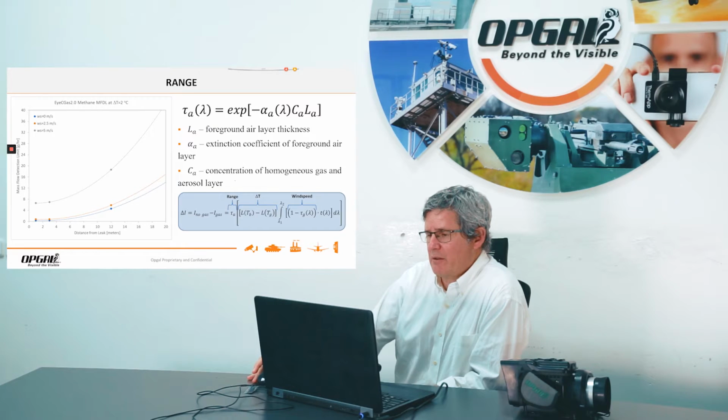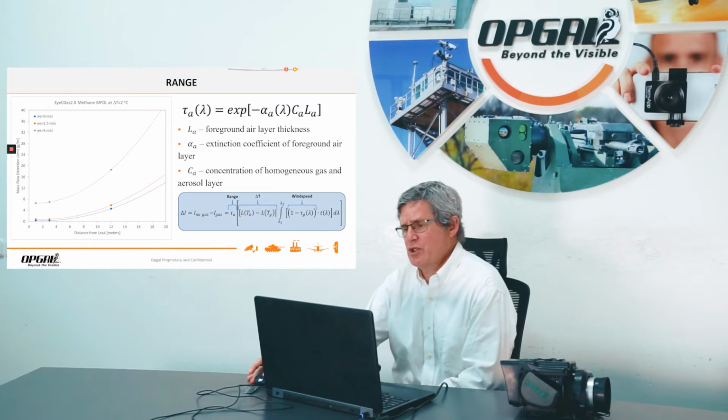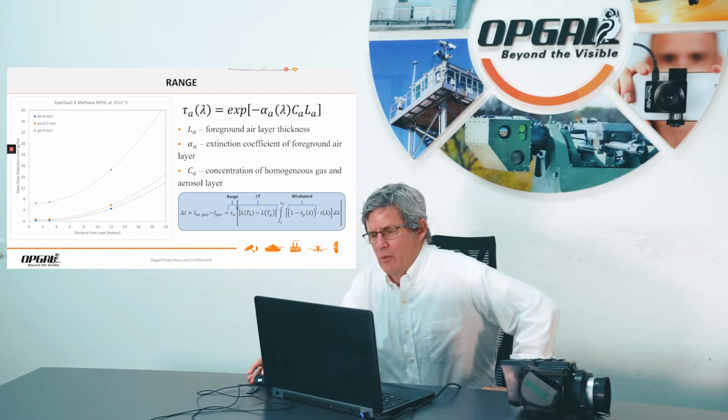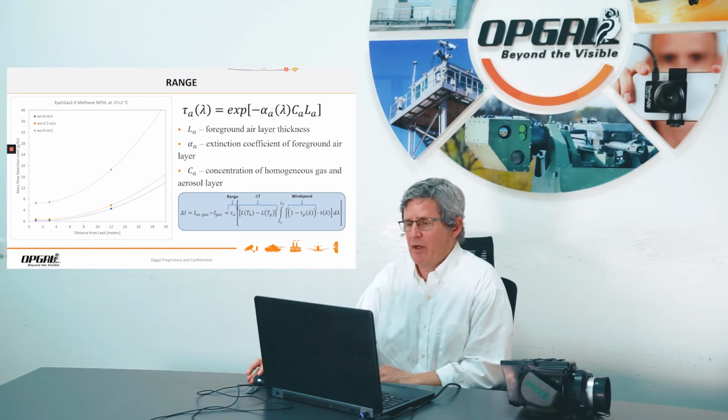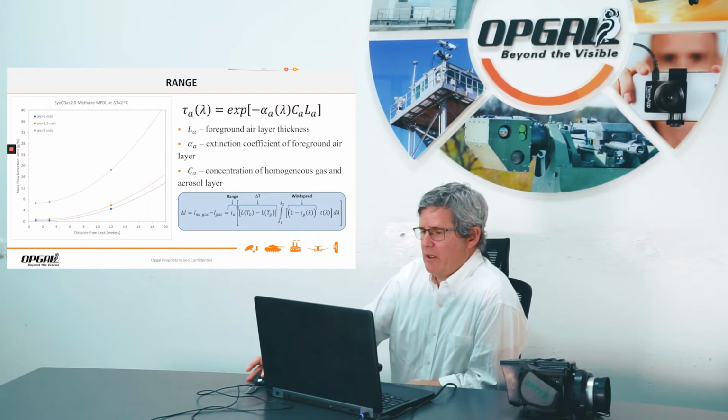But the longer it goes, our sensitivity goes down, and it's affecting the contrast. How does it affect? The extinction coefficient is the attenuation of the radiance with distance because of particulate matter or because of interferent gases: water vapor, it could be CO2, it could be methane, which has a constant value in the air.